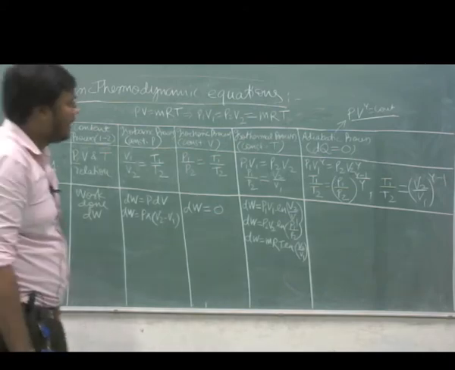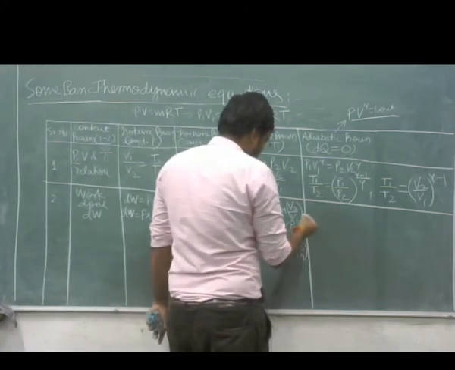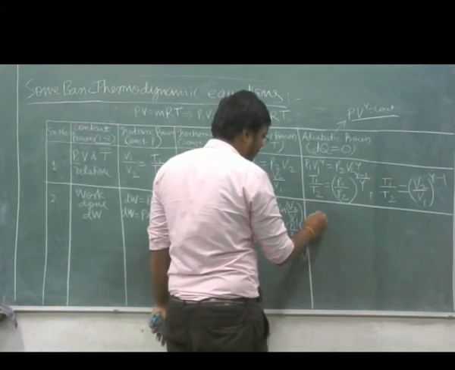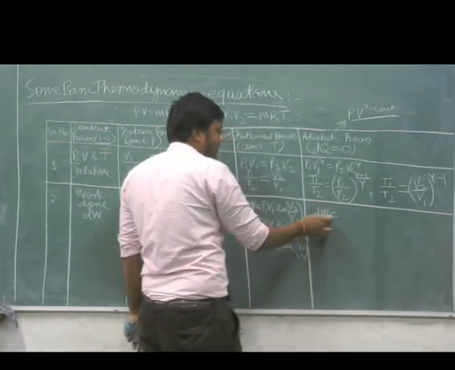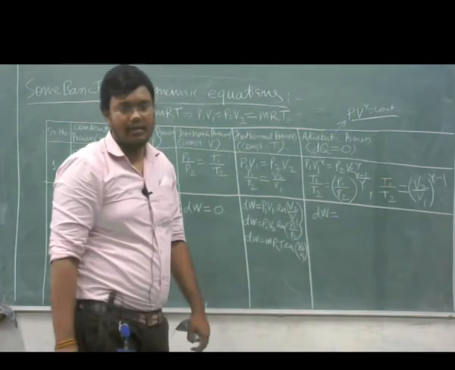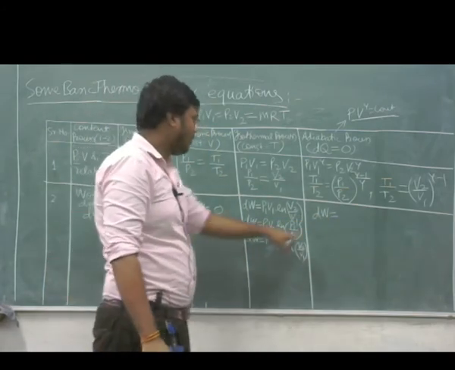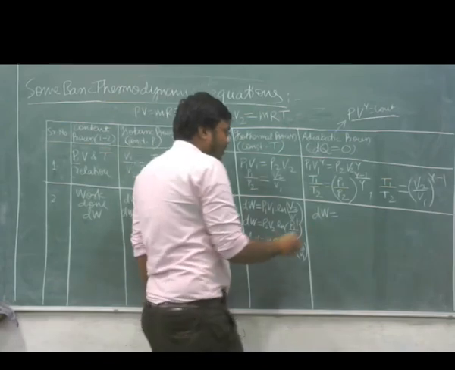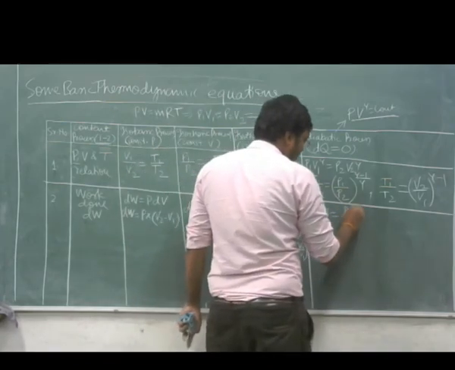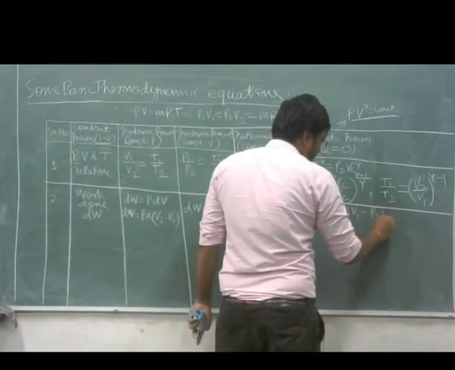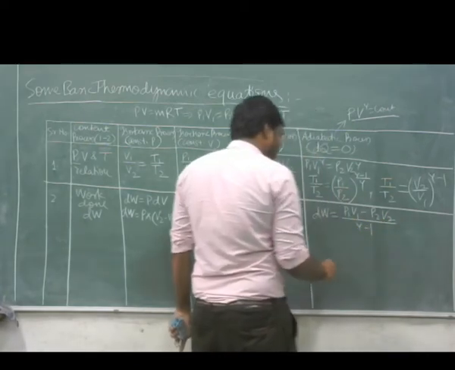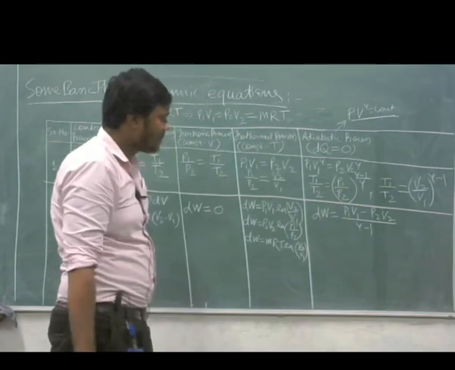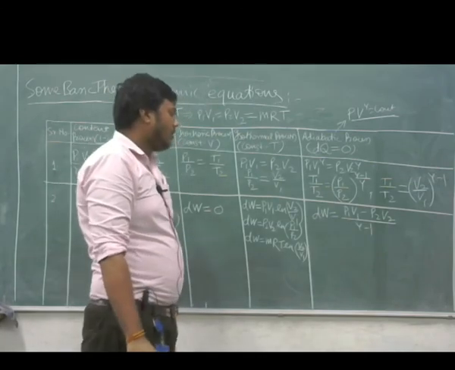Next is adiabatic process. You have also studied this derivation, work done for adiabatic process. What will be the formula for work done? P1 V1 minus P2 V2 upon gamma minus 1. What is gamma?